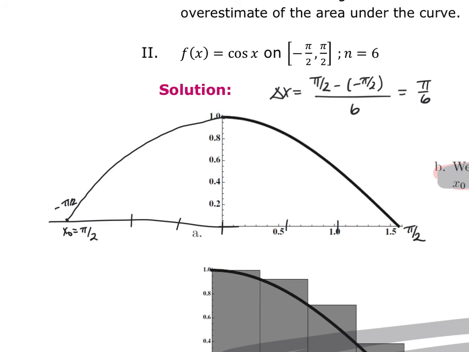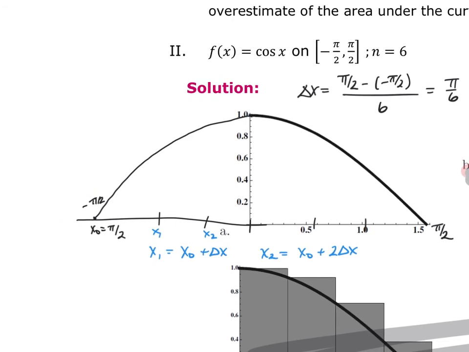So I have to figure out what my x sub 1 is. Well, my x sub 1 is going to be x naught plus delta x. My x sub 2, so this is x1, this is x2, is going to be x sub naught plus 2 times delta x, and so on. So let's just do the first one.